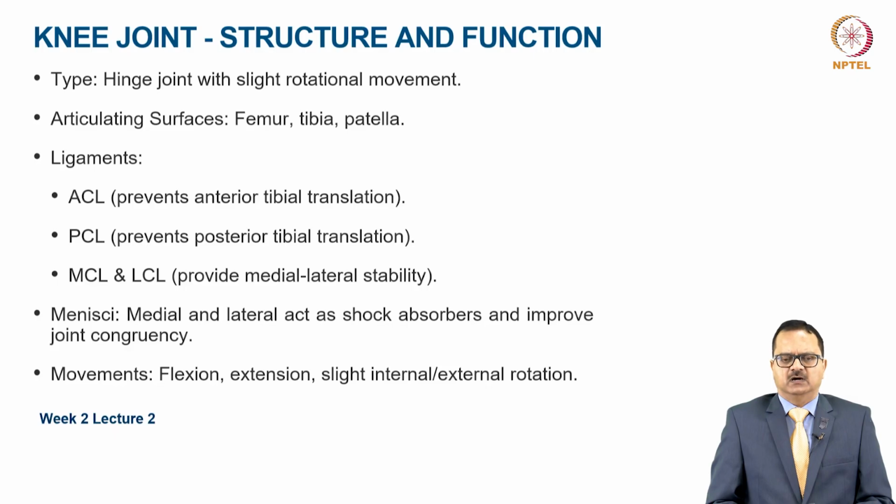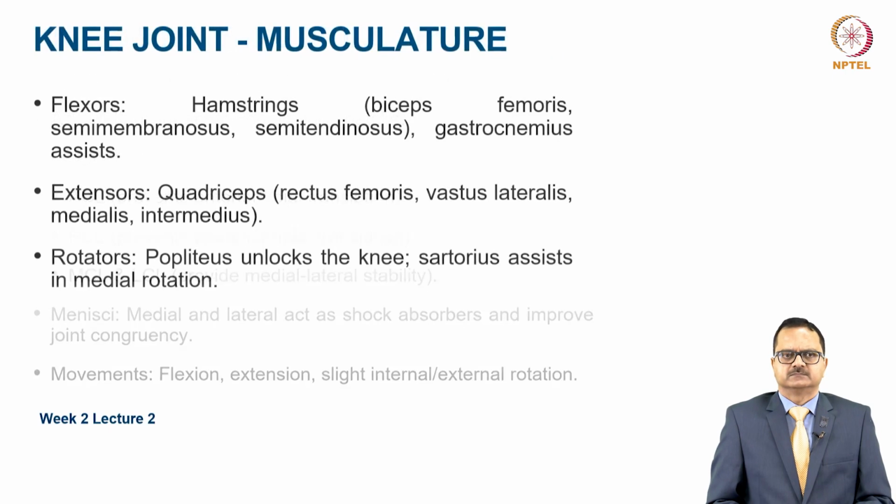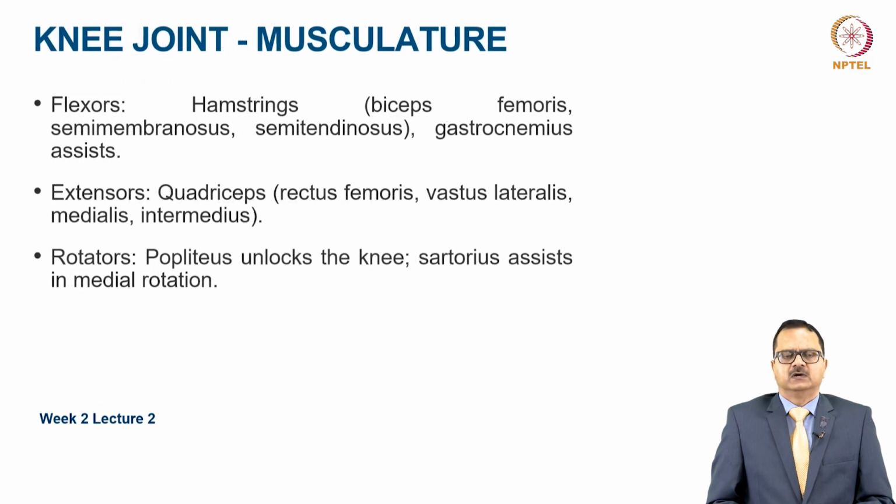Movements at the knee joint are flexion, extension, and a limited amount of internal and external rotation. The musculature around the knee joint. The flexors are the hamstrings, the biceps femoris, semimembranosus, and semitendinosus, assisted by the gastrocnemius.